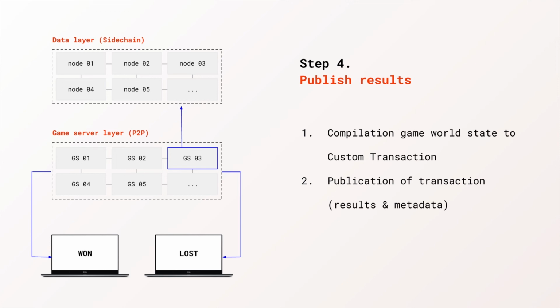In detail, what happens is a compilation of the game world state to a custom transaction, and publication of the results and the metadata, such as where it happened on which game server, and much more, discussed in more detail in future blog posts.